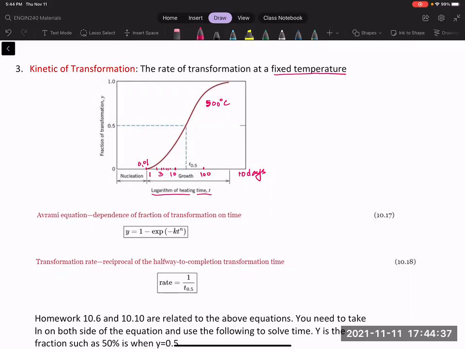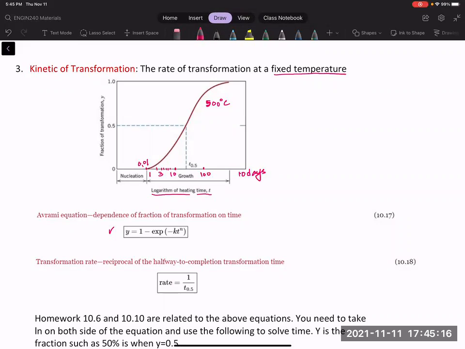Now there's another equation that came from this picture. If you have this kind of S shape, then we can write the equation like this. This equation is the Avrami equation. The Avrami equation tells you how much of the fraction will be formed over a certain period of time.